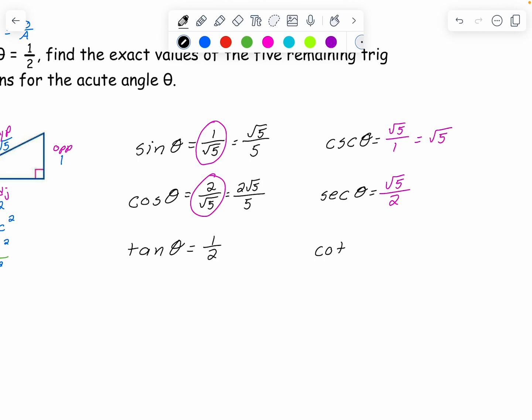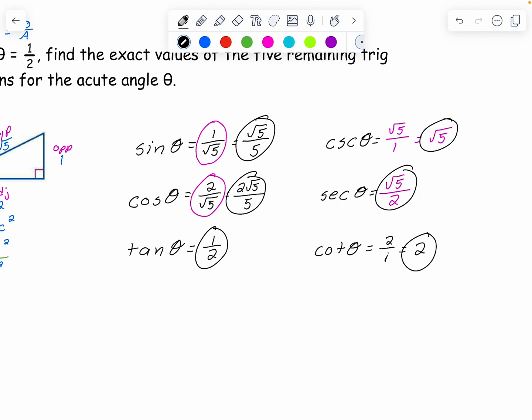Then for the last one, the reciprocal of tangent is cotangent theta. And then when I flip that one, I just get 2 over 1, which is just 2. So that gives us our 6 trig functions simplified. So we have sine, we have cosine, tangent, we have cosecant, secant, and cotangent.